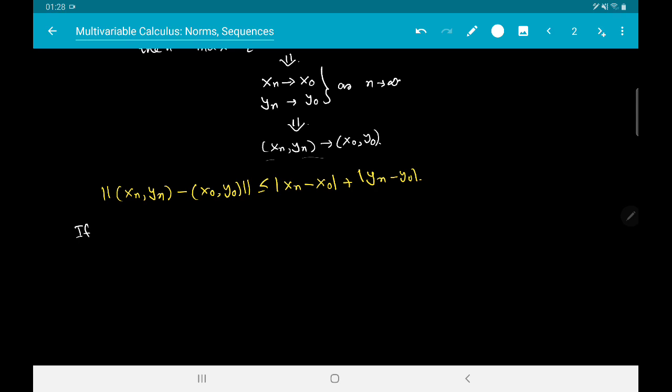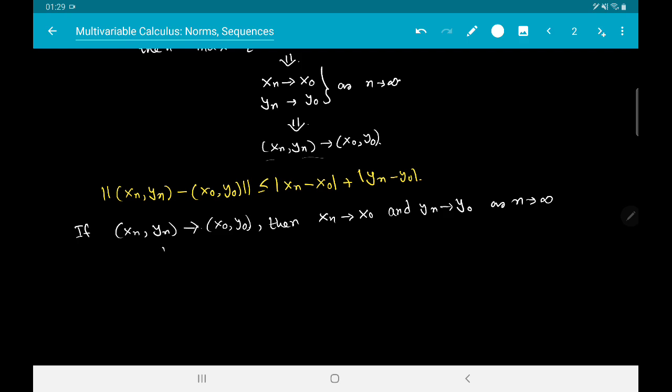So let me begin with this. If (xn, yn) converges to (x0, y0), then xn converges to x0 and yn converges to y0 as n tends to infinity.